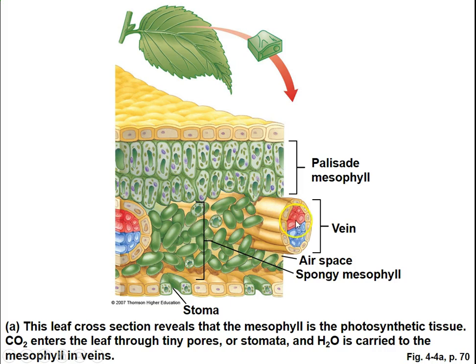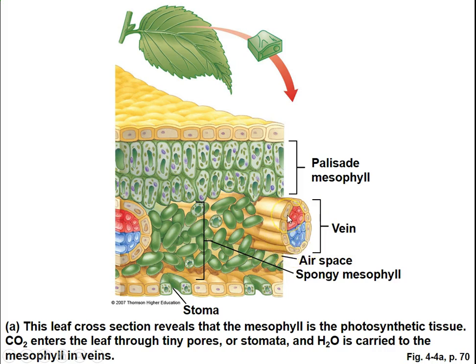Okay, also notice here's part of the vascular system, this vein. And we have these what are called vascular bundle cells right here, or bundle sheath cells. And again, notice that in this particular plant, the bundle sheath cells are not colored in as green.